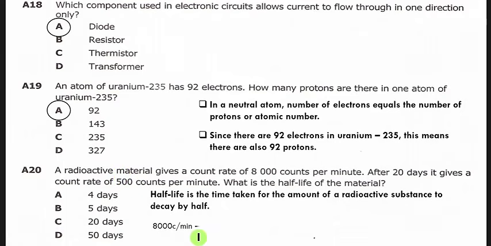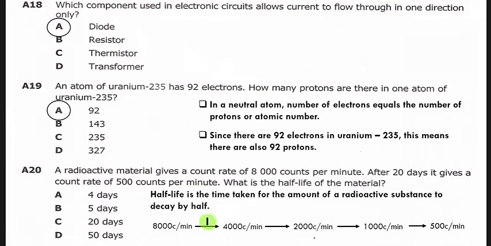If you halve it, you get 4,000. If you halve 4,000, you get 2,000. If you halve 2,000, you get 1,000. If you halve 1,000, you get 500.